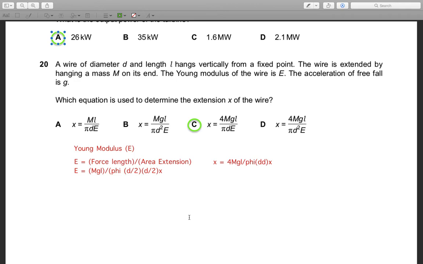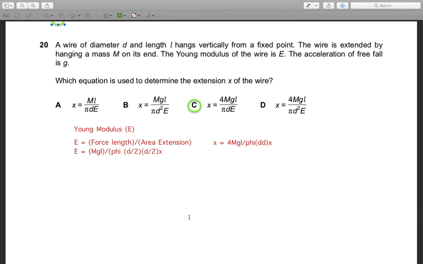A wire of diameter D and length L hangs vertically from a fixed point. The wire is extended by hanging a mass M on its end. The Young modulus of the wire is E. The acceleration of free fall is g. What equation is used to determine the extension x of the wire? We know the equation for the Young modulus, or elasticity modulus E: E equals force times length divided by area times extension.